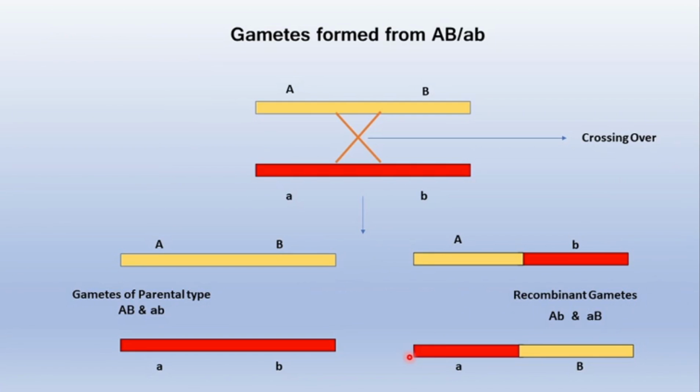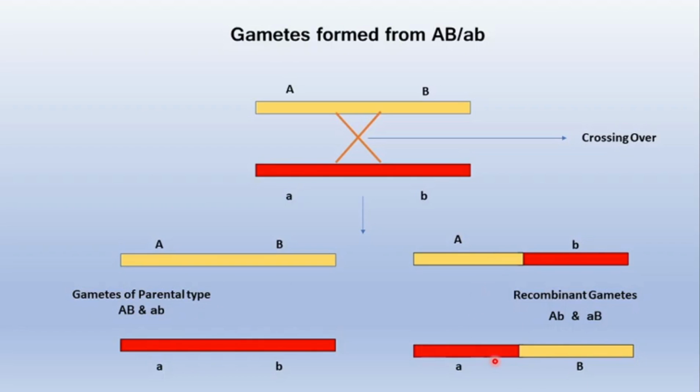Let us see the formation of recombinants by means of crossing over and parental types without crossing over. So, gametes formed from the hybrid are having four different types of genotypes. Gametes of parental types are these two, and recombinant gametes are these two.